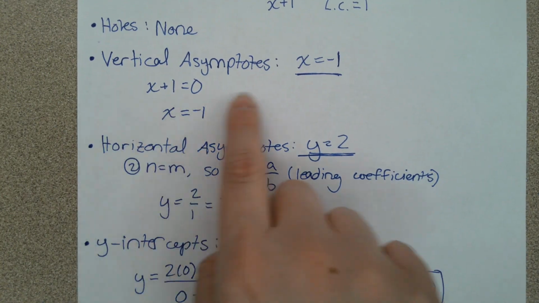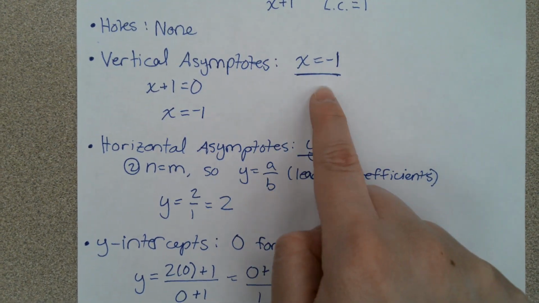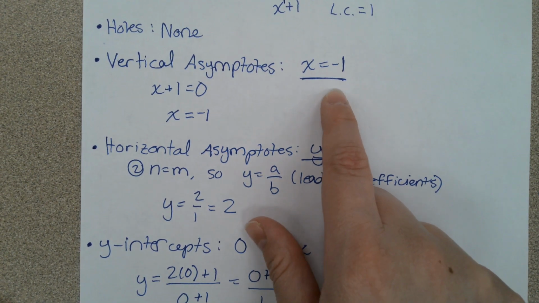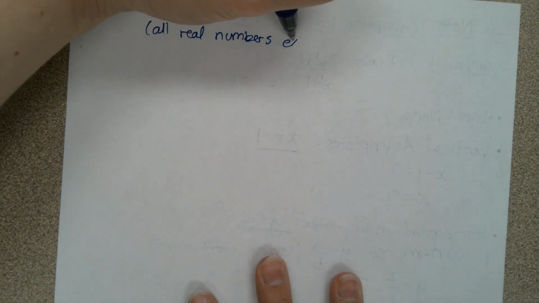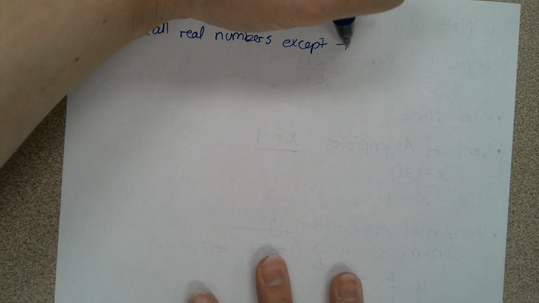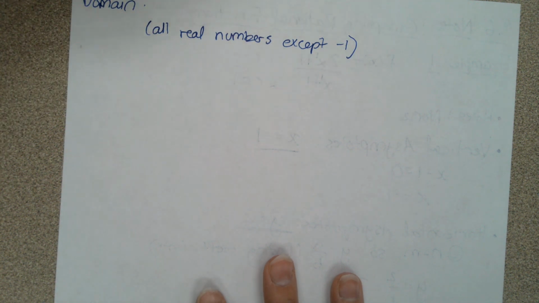So it's the vertical asymptotes that we're going to have to focus on. We've got x equals negative 1. So it's all real numbers except negative 1. So I'm going to put that underneath here. All real numbers except negative 1. That's what this domain is going to describe.